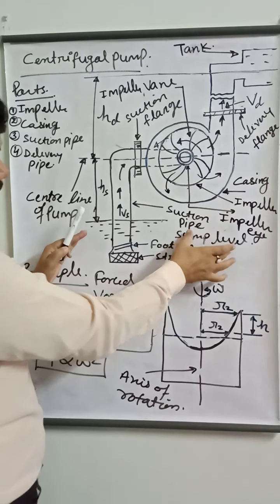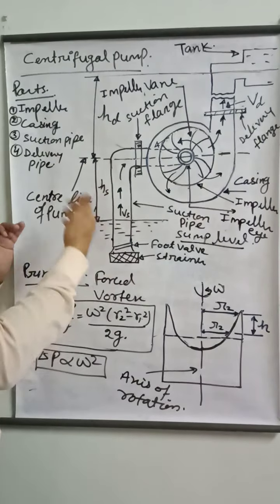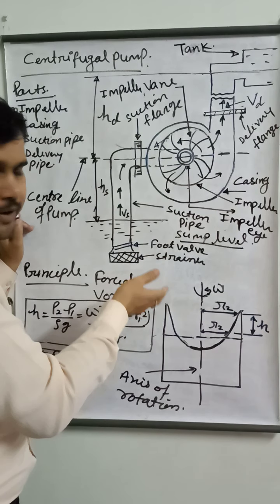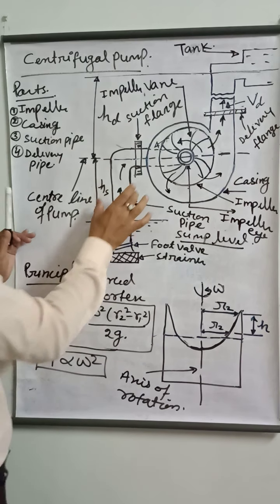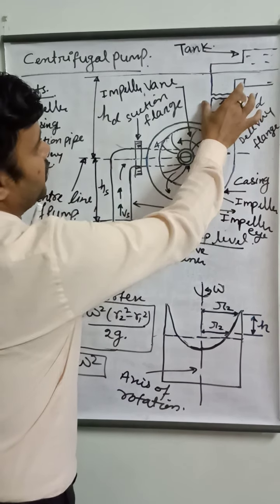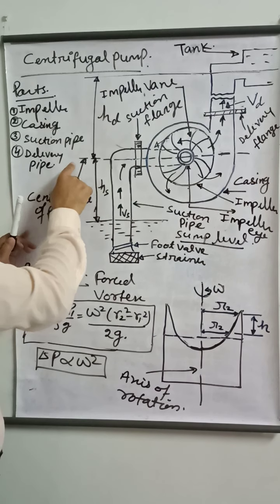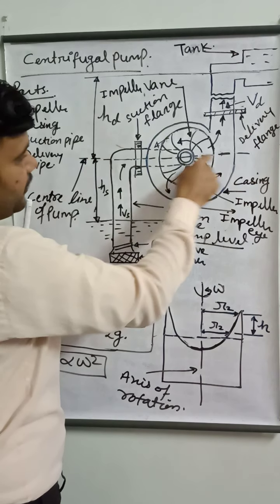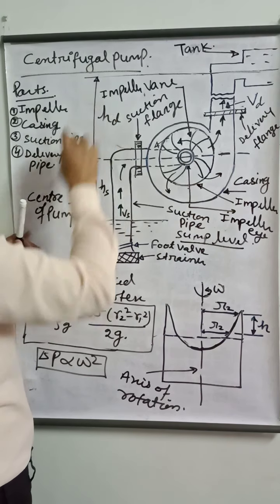This level is the sump level, that means the water level or reservoir from where we have to suck the water or liquid. This is the suction pipe, this is the delivery pipe, this is the overhead tank, this is the center line of the pump. From this line we have to measure the suction head and delivery head HD.